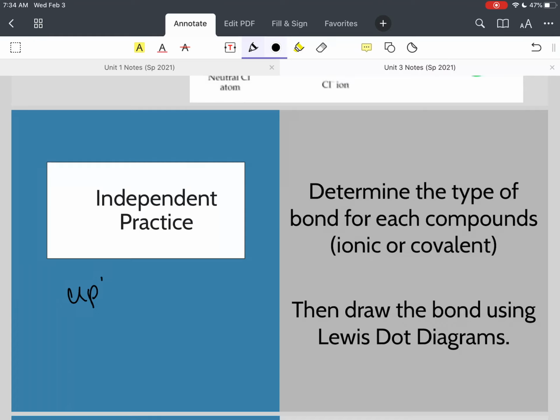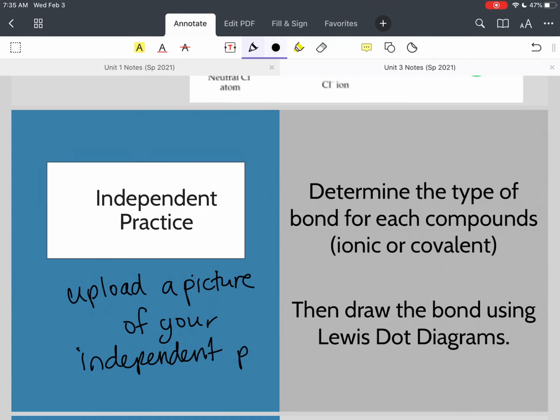You're just going to upload a picture of your independent practice, so I can see how you did. I think there are a few of them down at the bottom. Remember, first you're going to figure out if they're ionic or covalent. If it has a metal, it's going to be ionic. If they're all nonmetals, it's covalent. Then you're going to draw your Lewis dot diagram.